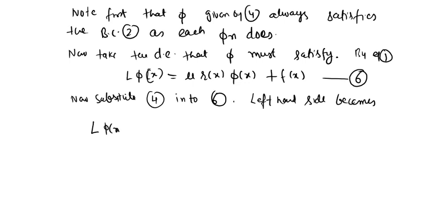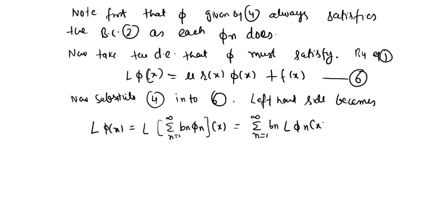So what is phi(x)? The differential operator L acting on phi(x) is the sum from n equal 1 to infinity of b_n phi_n at x, and you can take this operator inside, acting on phi_n. And the right hand side is, so now the summation n equal 1 to infinity b_n as it is.